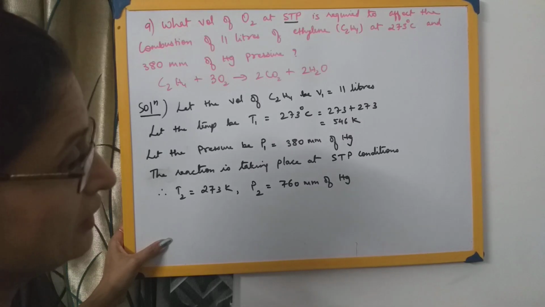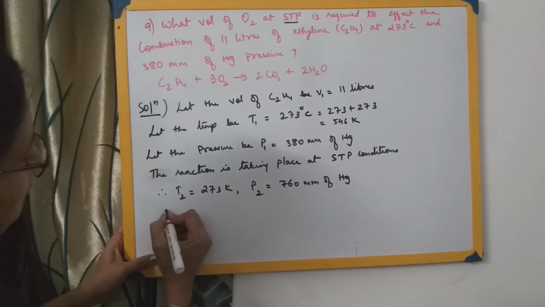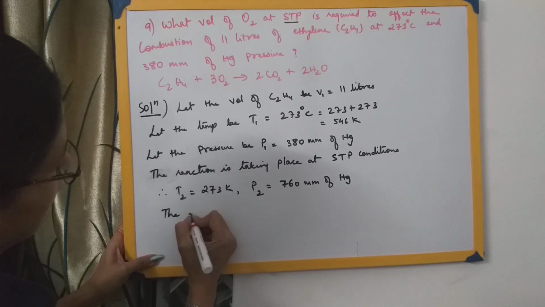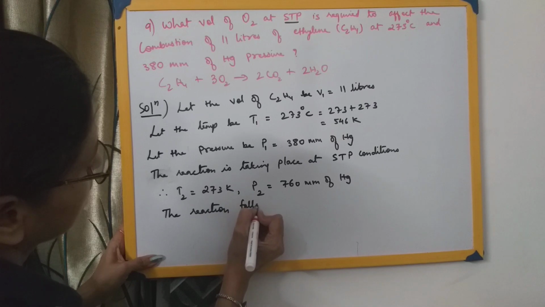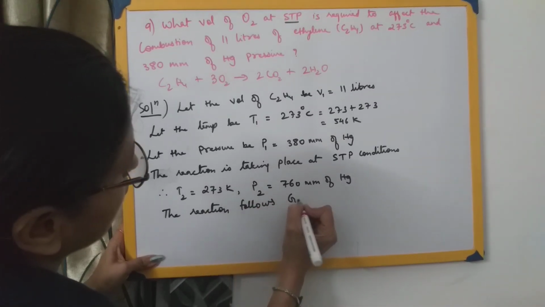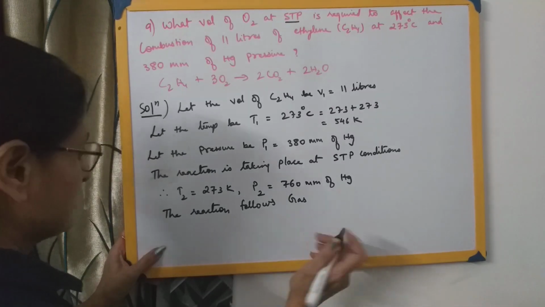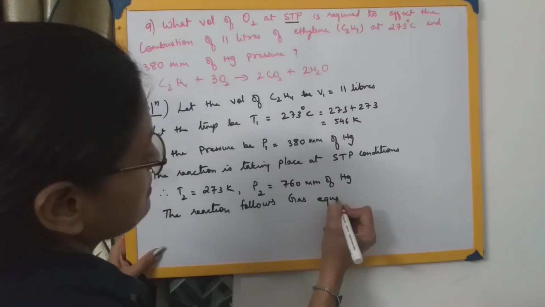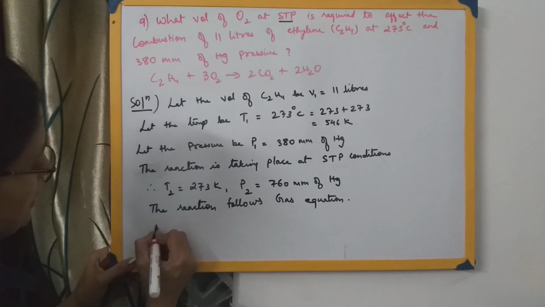If you remember, in class 9 we have solved many numericals based on this. So the reaction follows the gas law or gas equation. What was the gas equation, if you remember?